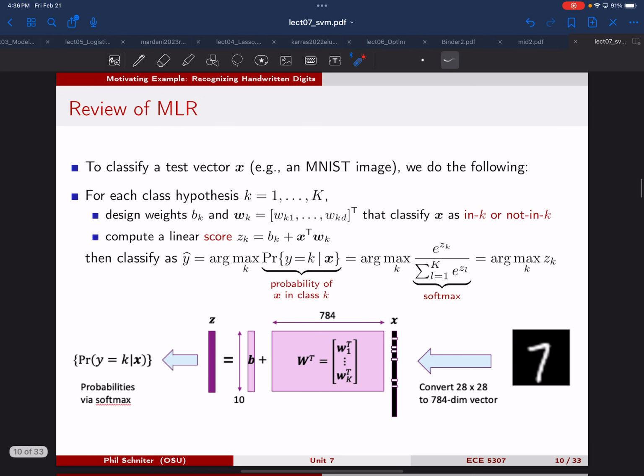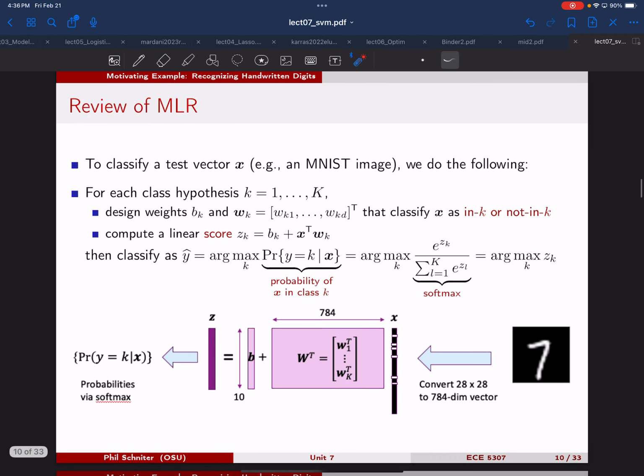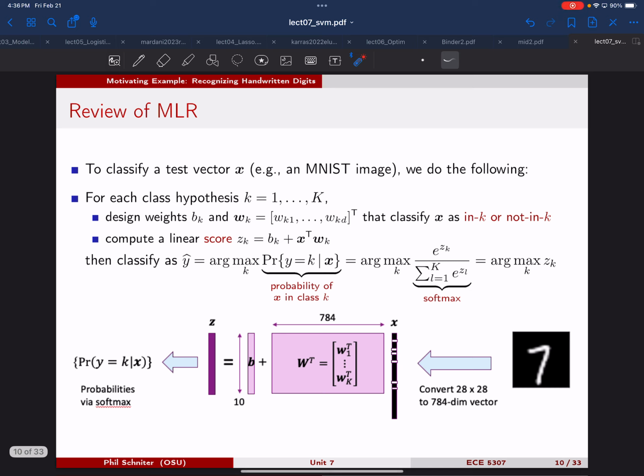All right, so let's just first review a little bit about multinomial logistic regression. It's not a bad time to review it. It's never a bad time to do some review, just to kind of understand a bit about how it works. And again, this is all stuff we learned in the last unit.